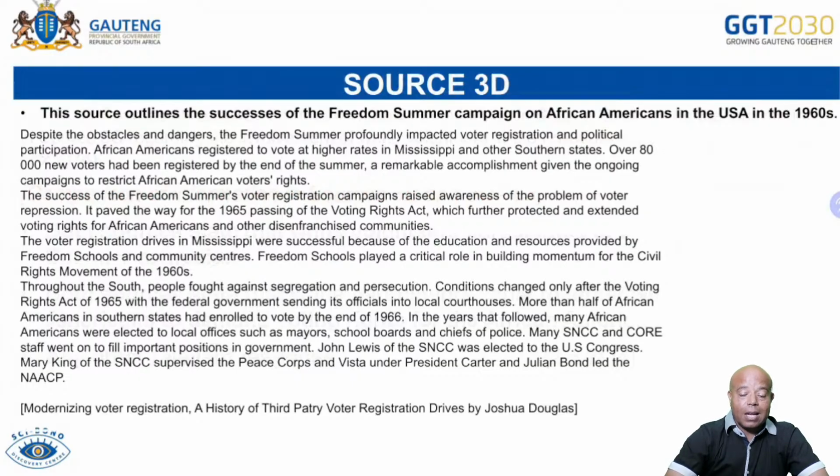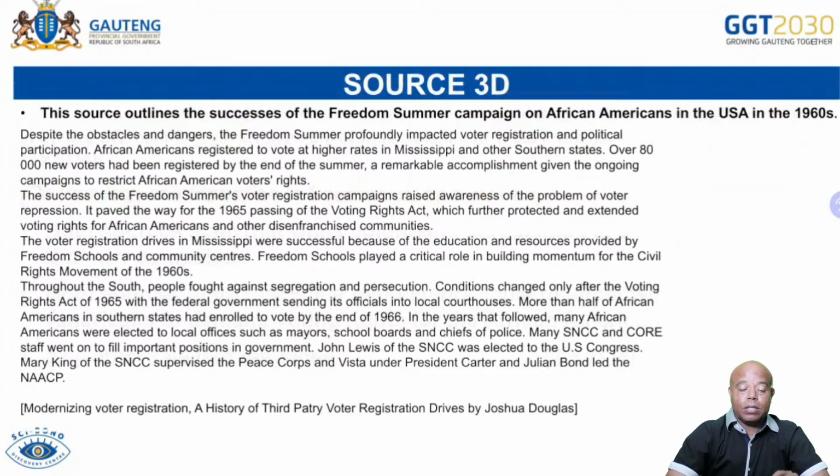Over 80,000 new voters had been registered by the end of the summer, a remarkable accomplishment given the ongoing campaigns to restrict African American voters' rights. The success of the Freedom Summer voter registration campaigns raised awareness of the problem of voter repression. It paved the way for the 1965 passing of the Voting Rights Act, which further protected and extended voting rights for African Americans and other disenfranchised communities.